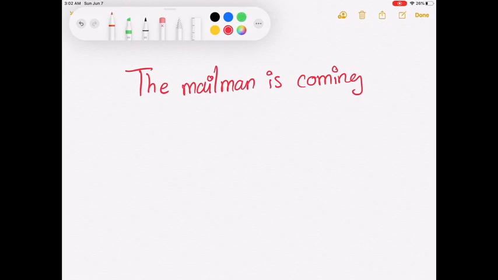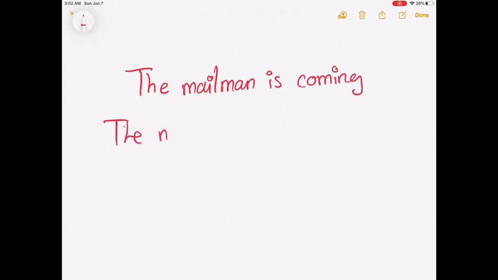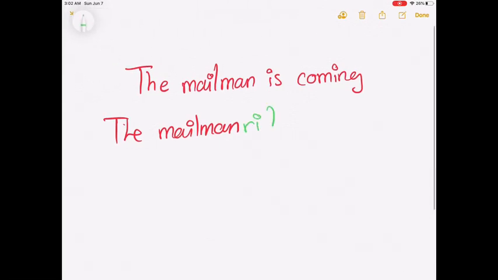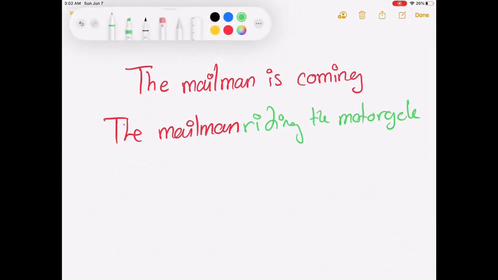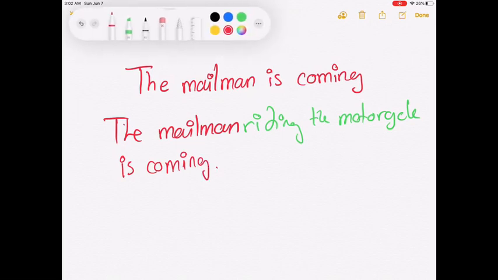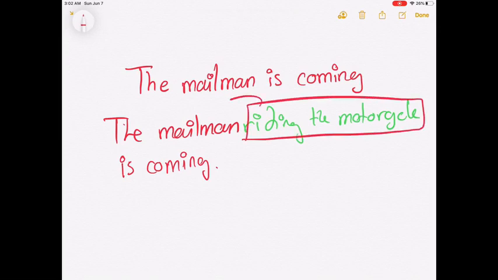So I can say the same sentence, the mailman, and then I add my adjective phrase, in this case, a participial phrase. The mailman riding the motorcycle is coming. We can see why it's called an adjective phrase, since it describes the mailman. Which mailman? The one riding the motorcycle.